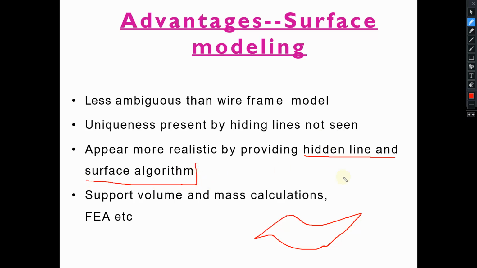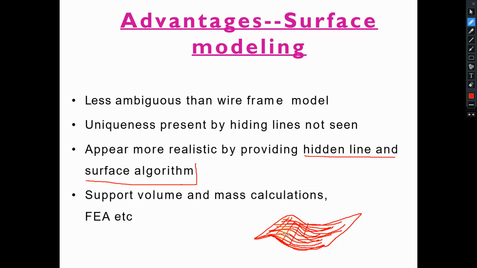What the algorithm does is it will remove the hidden lines that come in between the surface. So actually, how the surface is generated, you have an infinite number of lines. If you look at a wireframe model of such a surface, it will have an infinite number of lines going like this and this.